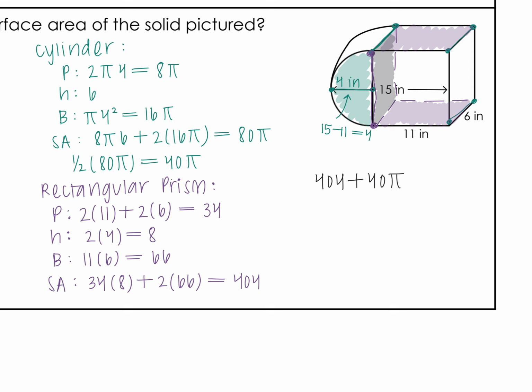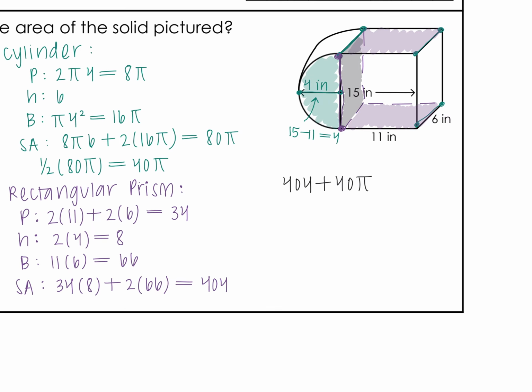When we found the total surface area of our rectangular prism, we accounted for that. And therefore, I need to subtract out the area of that rectangle. The area of that rectangle would just be 6 times 8. So that's going to give me 48. So we'll have 404 plus 40 pi minus 48.